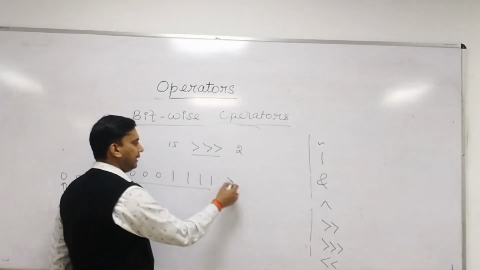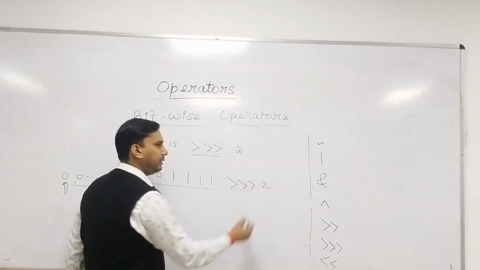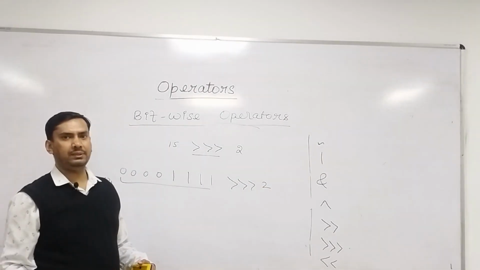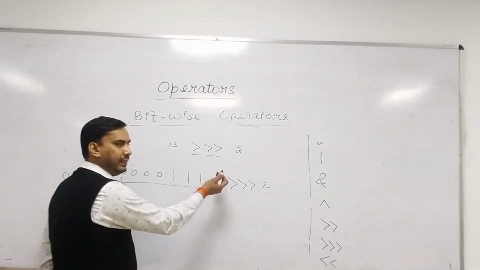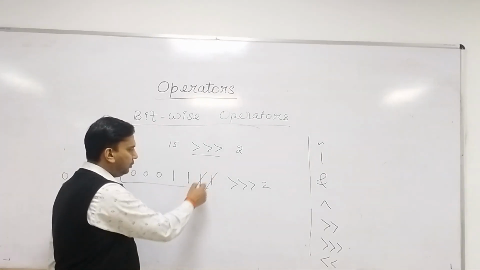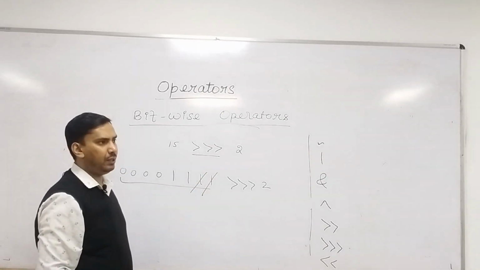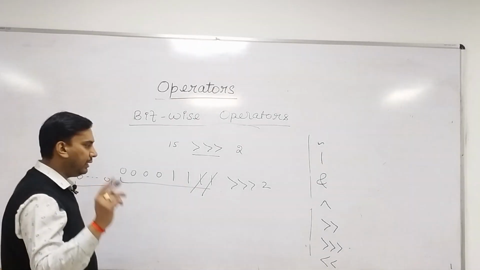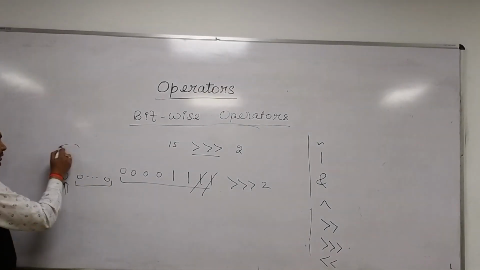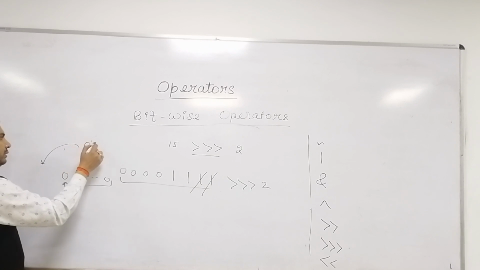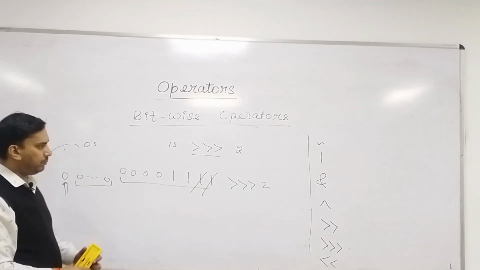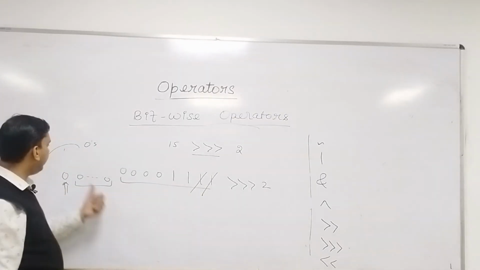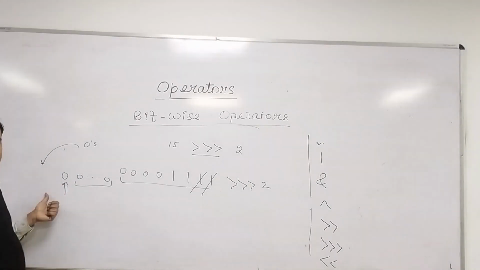So I am saying, okay, unsigned right shift by 2 bits. This time, opposite to the left shift, discard the bits from the right side. So we'll discard 2 ones from here, and to compensate, unsigned right shift says that blindly I will put zeros. The number of bits that you have discarded, that many zeros I will add here.